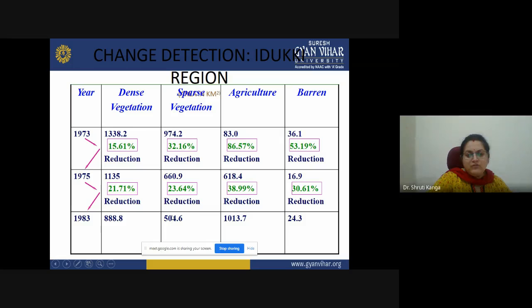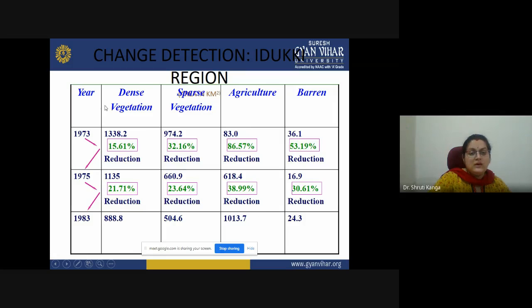You see, everywhere there is a decrease, but in agriculture it has increased. So maybe this dense vegetation or sparse vegetation land has been converted into this category of land. Barren land has decreased here, but it has again increased here in 83.